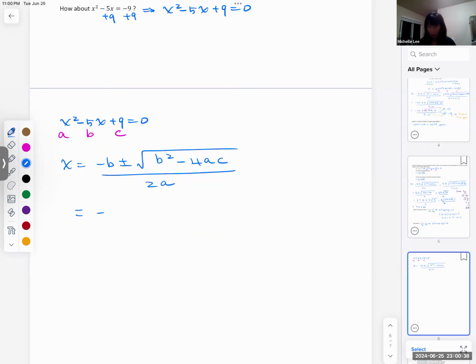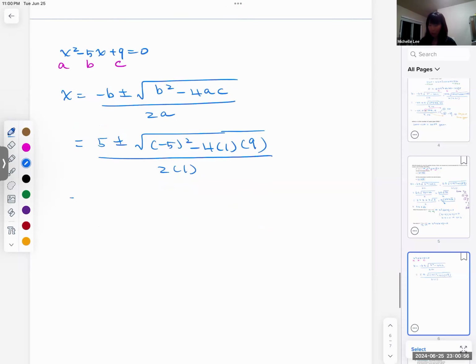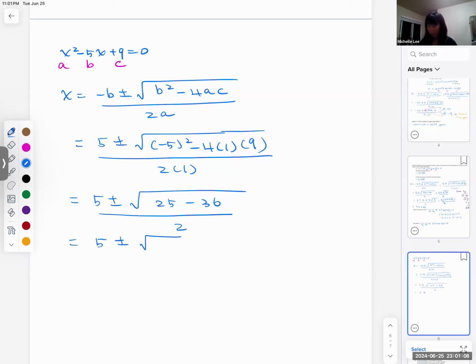So negative b, so it's positive 5, plus or minus the square root of negative 5 squared minus 4 times 8 times c, all over 2a. That will be 5 plus or minus the square root of 25 minus 36, all over 2. So we have 5 plus or minus the square root of negative 11, all over 2.